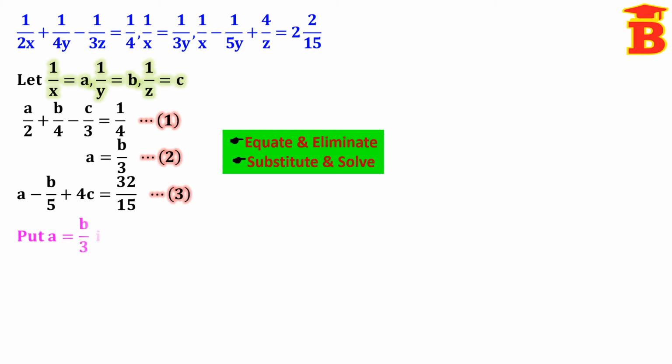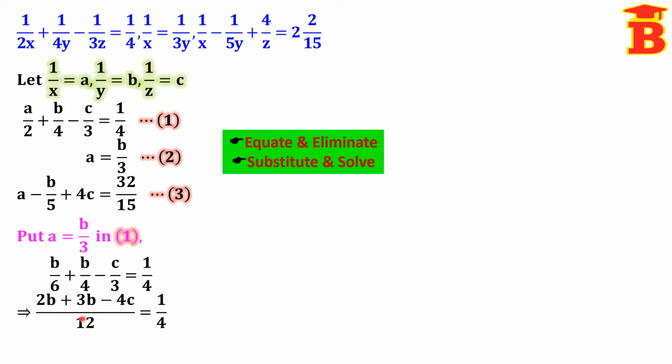Put a equal to b/3 in the first equation. Here if you put a equal to b/3, denominator 3 into 2, 6. So this is b/6 plus b/4 minus c/3 equal to the right hand side 1/4. Now taking LCM of the denominators 6, 4, 3, the LCM is 12.